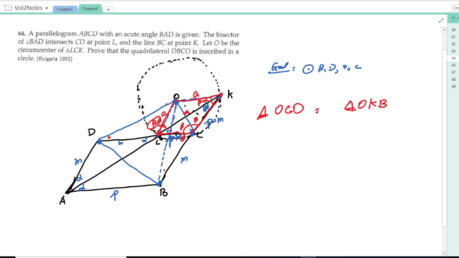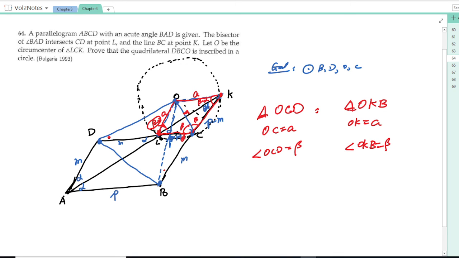And we also have equal sides. In OCD, OC equals A, and OK equals A, right? It's S. And we have a beta and a beta, so angle OCD is beta, and angle OKB is beta.